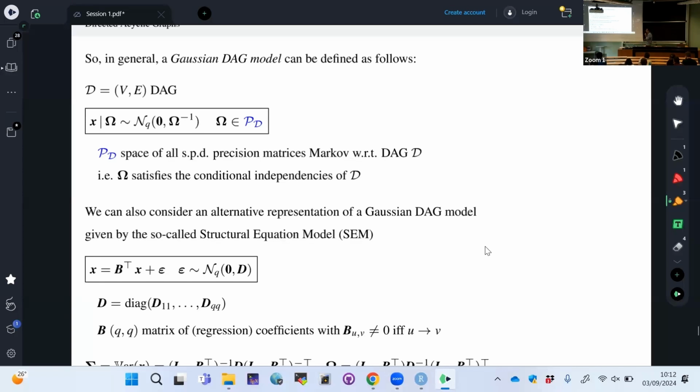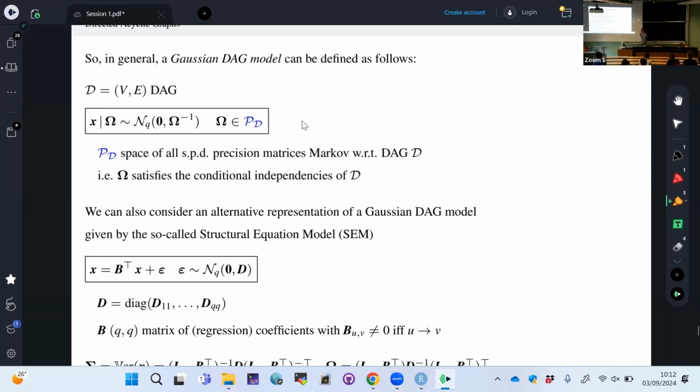Okay, so now the question is, how can I establish the connection between the constraints on the parameter of this model, for example, omega, and the conditional independencies in the DAG, for example, the missing edges between two nodes. This is not easy to achieve by considering this parameterization in terms of the precision matrix.